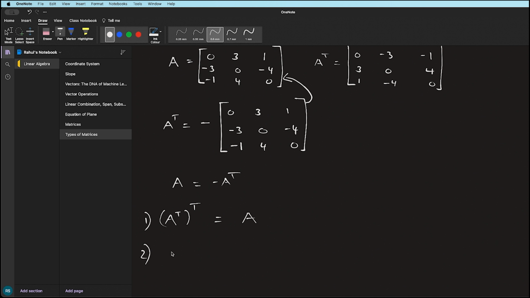The second is, if I take the transpose of the sum of two matrices, that is A plus B, then it is equal to the sum of the transposes of the two matrices, that is A transpose plus B transpose. And the third condition is, if you multiply two matrices and take the transpose of it, then it is equivalent to A transpose multiplied by B transpose. So these are the rules for the transpose of a matrix.